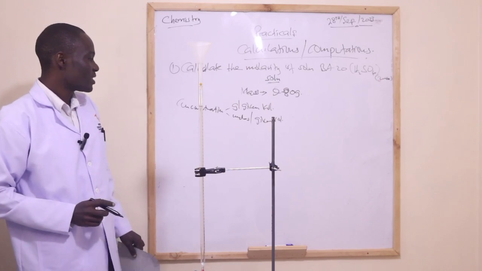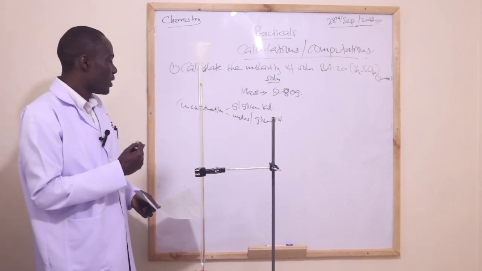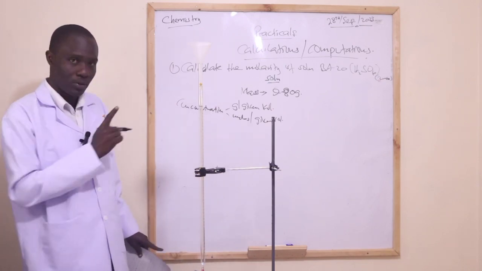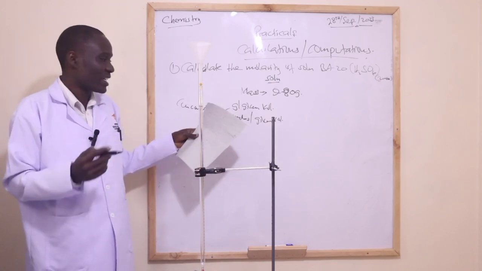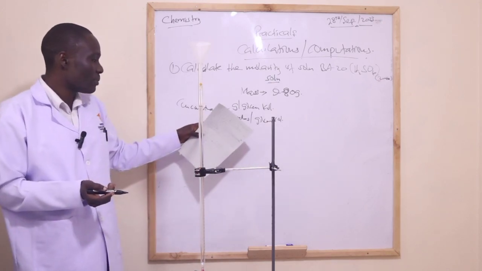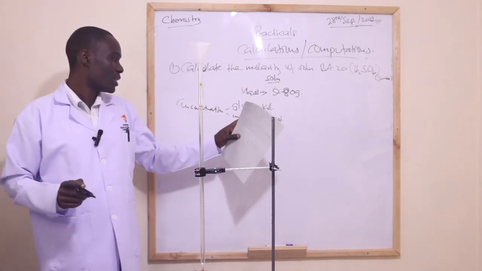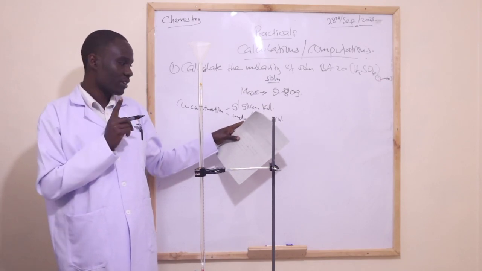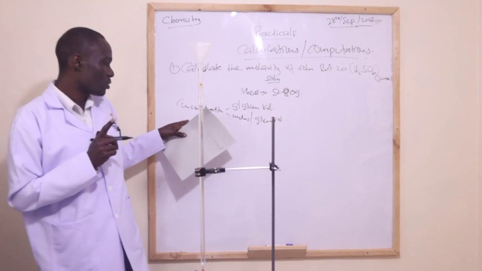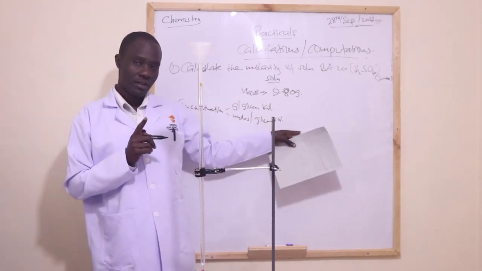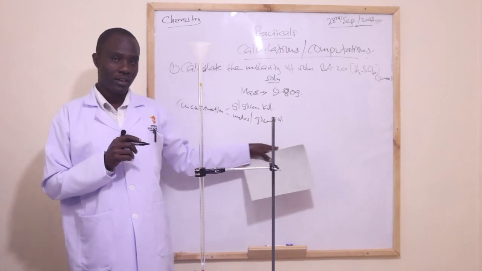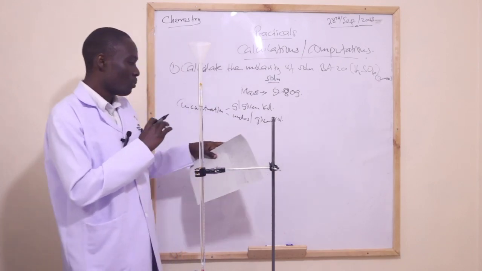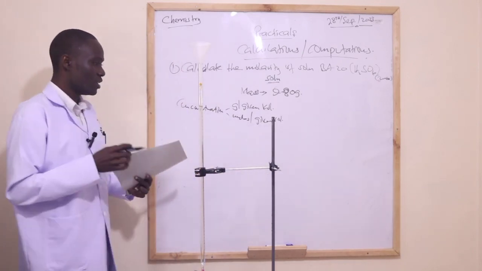Molarity can only be expressed in one way, not two ways as concentration. Molarity of any solution is expressed in moles per liter, not moles per given volume. So from the concentration, you first get moles per given volume, then change it to moles per liter, and from there you can write it as a molarity using the unit of molarity.